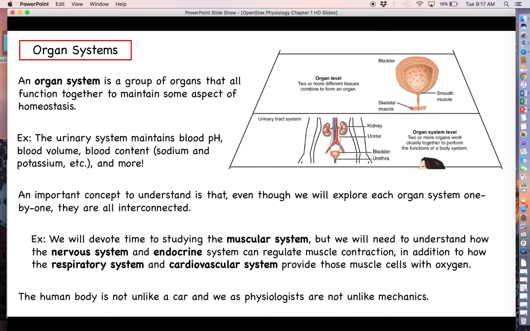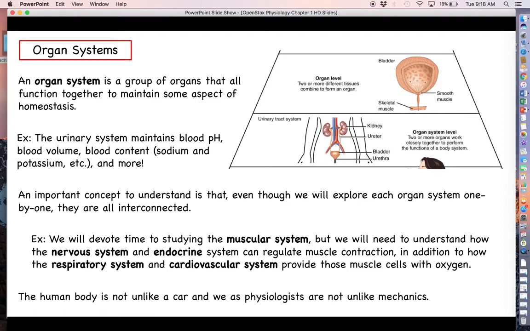One of my favorite analogies for how we are as physiologists, it's like we're mechanics and the human body is like the car that we take care of. And really that's not a bad analogy for an anatomist as well. A mechanic is a perfect example of someone who needs to understand both anatomy and physiology.